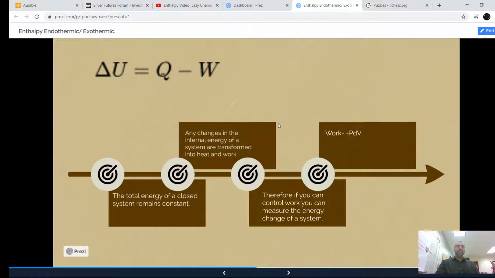The first law of thermodynamics is essentially just a real quick definition that states that any change in the energy of a system, the total energy change of a closed system, has to end up being constant, or that you're always going to have some energy go into work and heat, but that's always going to be the same amount of energy that directly went in.